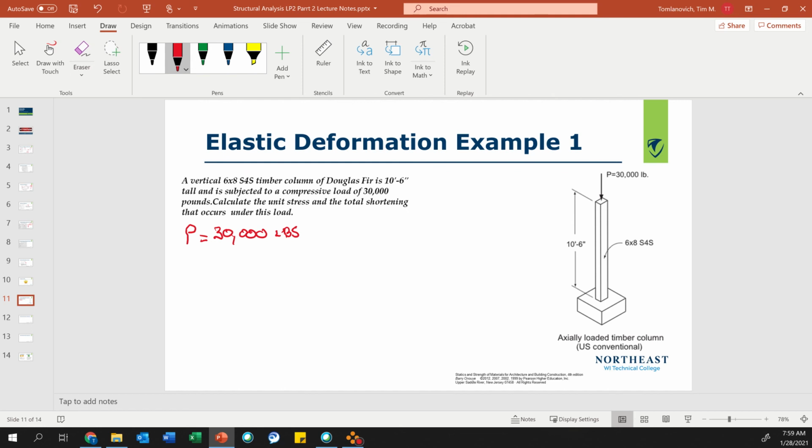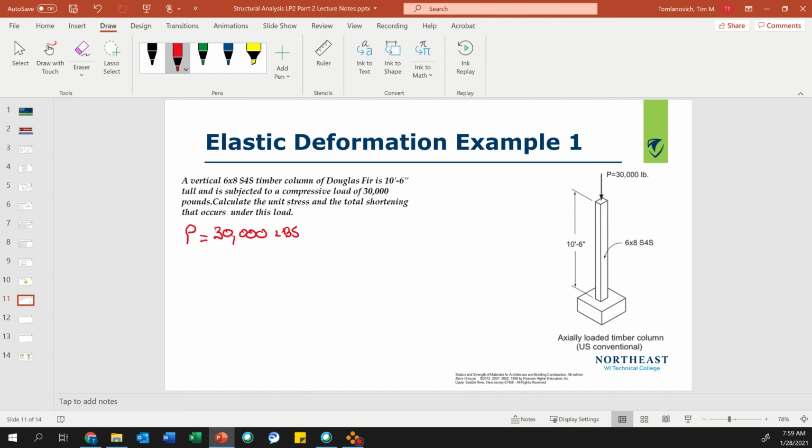We have a 6x8 S4S, surfaced on all four sides. Is that a true 6x8 or is that a 5.5 by 7.25? Where can I find that? You can find that in tables in your book.